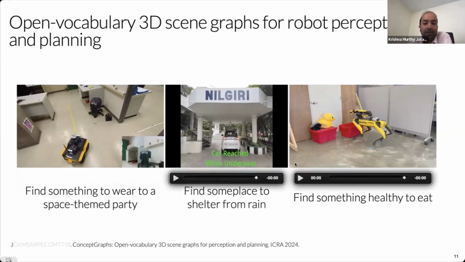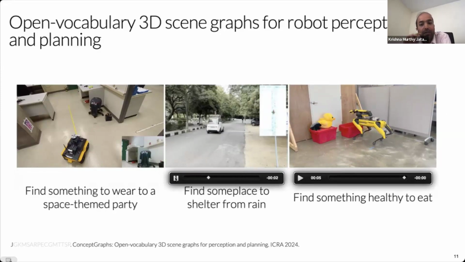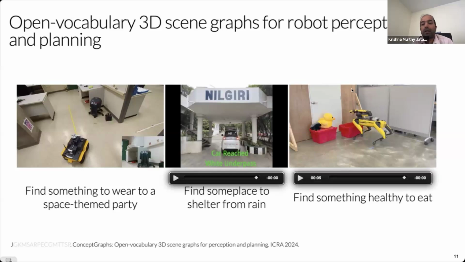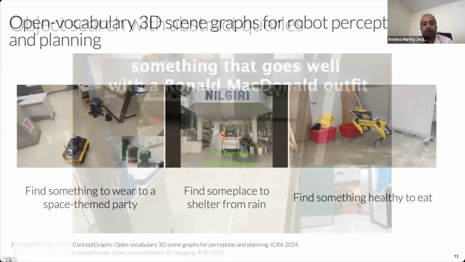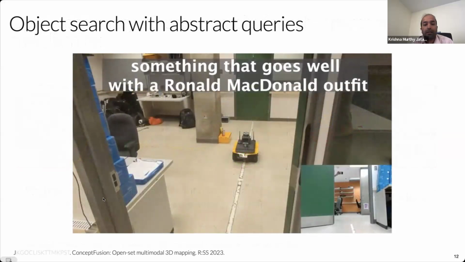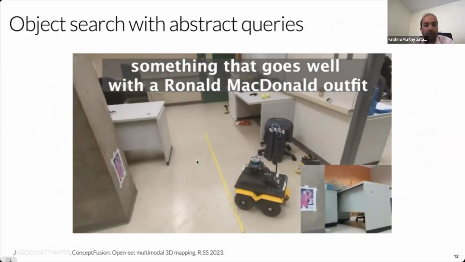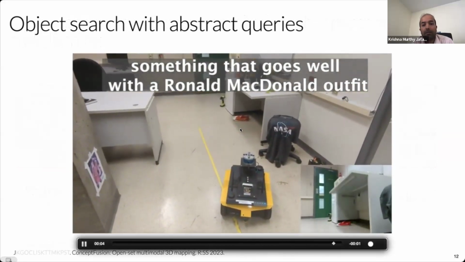And again, here is a full-size autonomous car driving itself to a shelter or white underpass to shelter from the rain. And another example here, video's a little lagging, but where you ask abstract queries like, get me something that goes well with Ronald McDonald outfit.